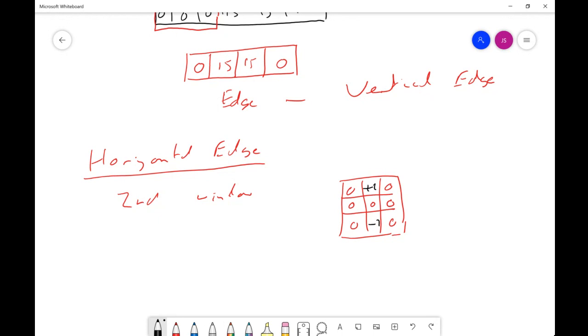And again, it's easy to access the pixels above and below simply by changing the coordinates of the pixel ij. So there's no problem there.